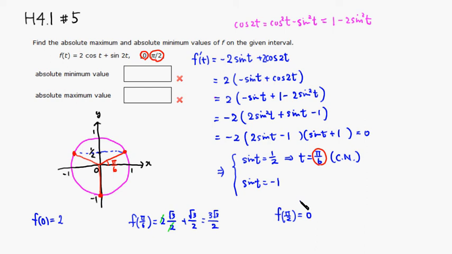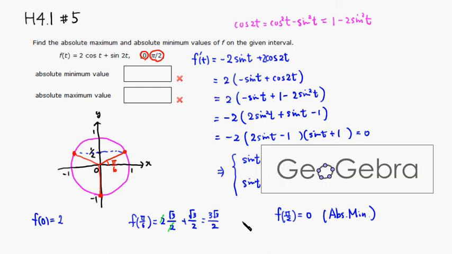Then we have to see which is larger, and the smallest one is going to be this one, the absolute minimum. Then we have to compare 2 and 3 square root of 3 over 2. That's a tough one, so I'm going to cheat a little bit.